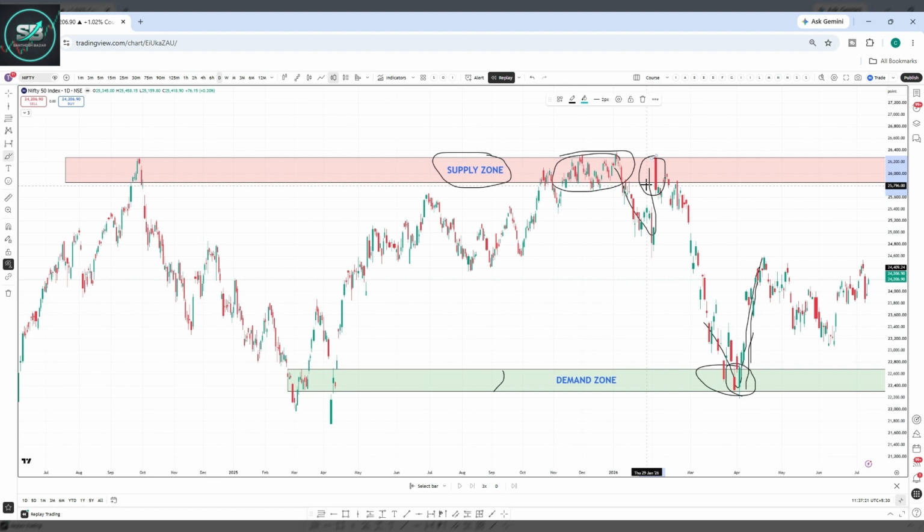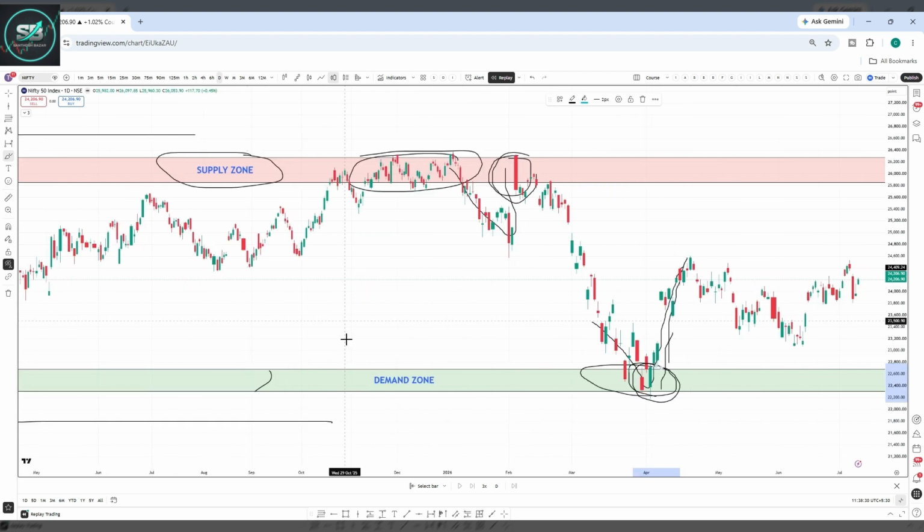So this is where big institutions place their orders. From these supply zones you are going to see selling. Again, these are zones, not just a straight line. It is not a supply line and a demand line, that way it is not going to work. So supply and demand zones act as a zone, not as a single line or single level.